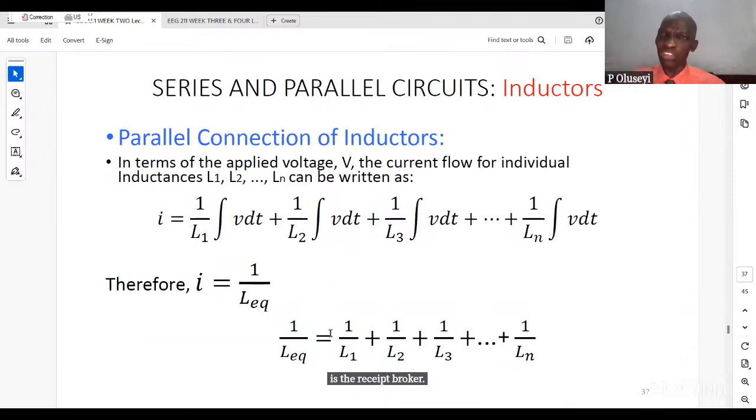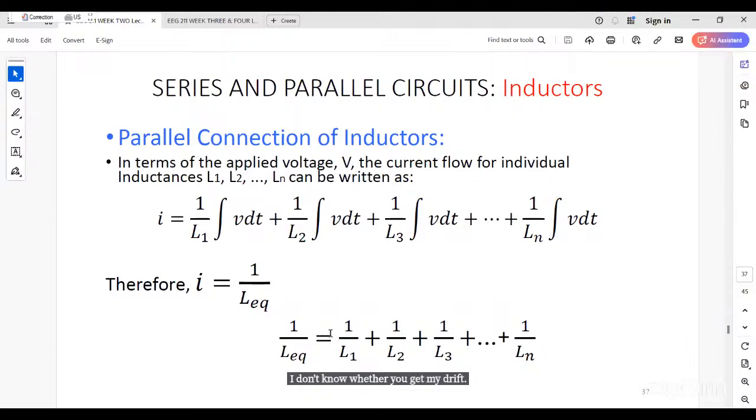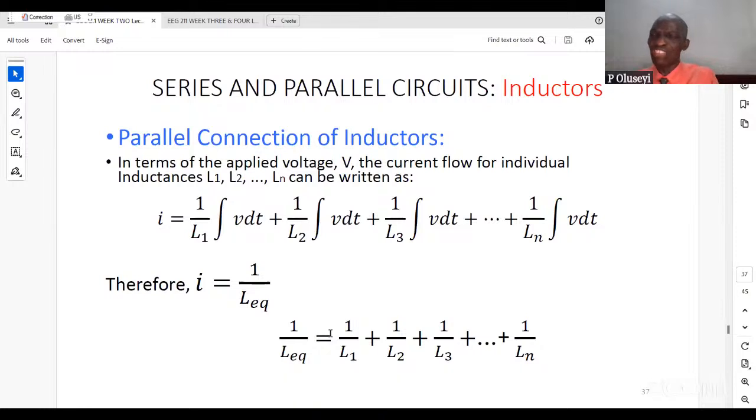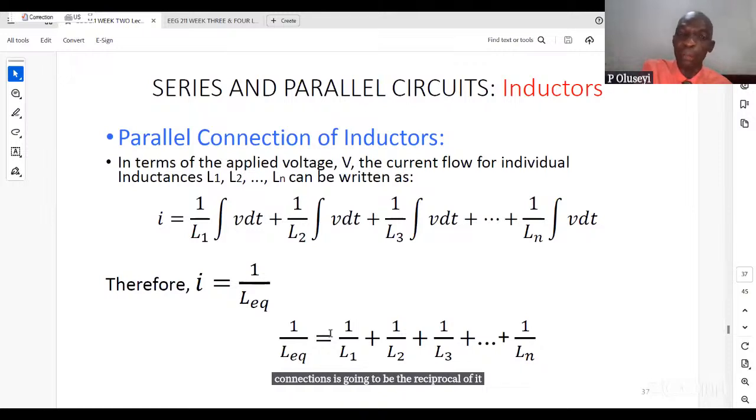So they are opposite of each other. I don't know whether you get my drift. My point is that whatever you use for the parallel connection in capacitors is what you use for the series in inductors.